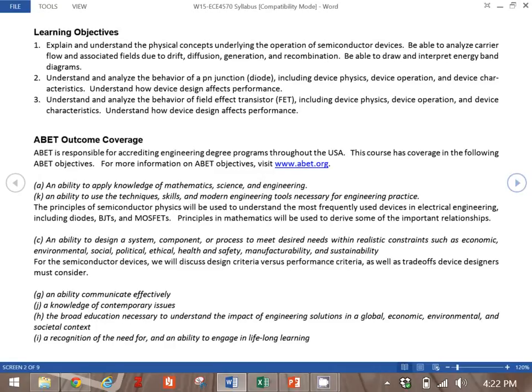With regards to learning objectives 2 and 3, for each of the two devices that we're going to learn, we're going to focus on the physics of the device. We'll focus on the operation of the device and the characteristics and how the design of the device affects performance. For example, if you are designing a diode, how does the area of the diode affect the ability to conduct current?